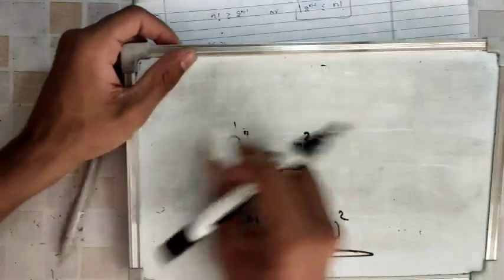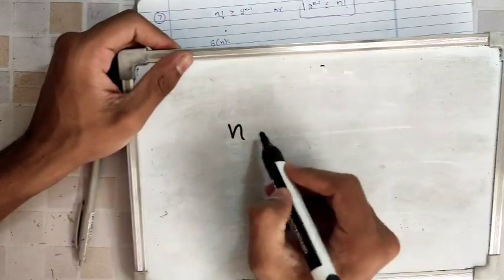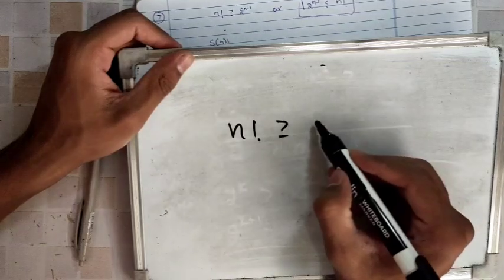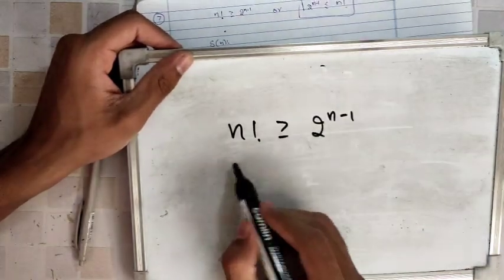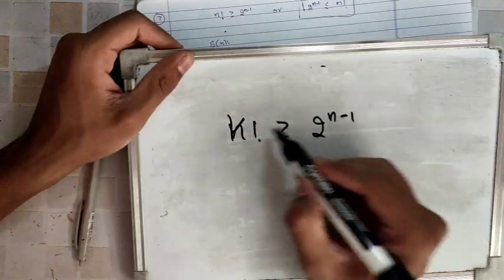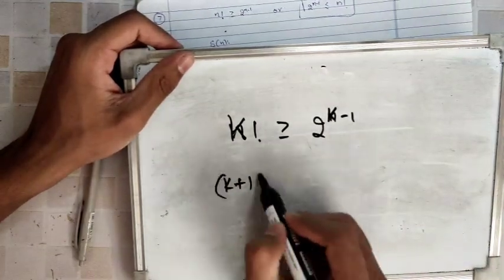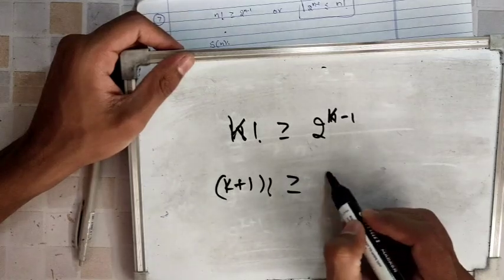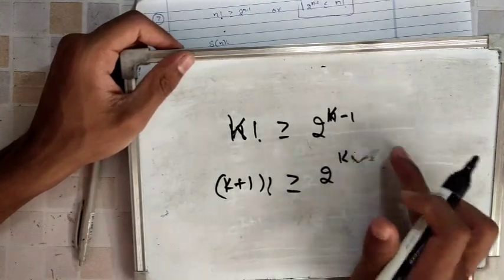Now if you see here again, the given thing was n factorial greater than or equal to 2 power n minus 1. So I will just make n as k. It should be in the form of k plus 1 factorial greater than or equal to 2 power k plus 1 minus 1, which gives us only 2 power k.